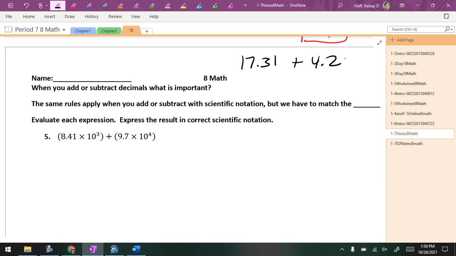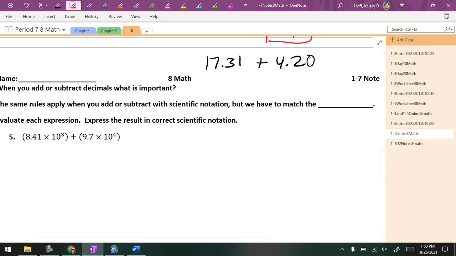You put a 0 behind 2 and somebody over there said it. You got to line your decimals up. So the same rule applies when we're dealing with scientific notation, because remember, those are really, really big numbers or really, really small numbers. We still have to make sure our decimal and our place value lines up. And we do that by matching the exponents.